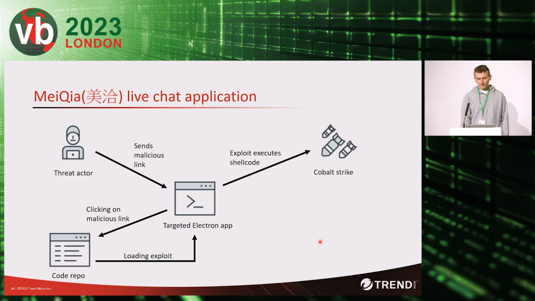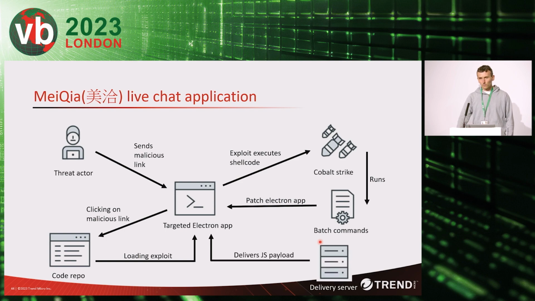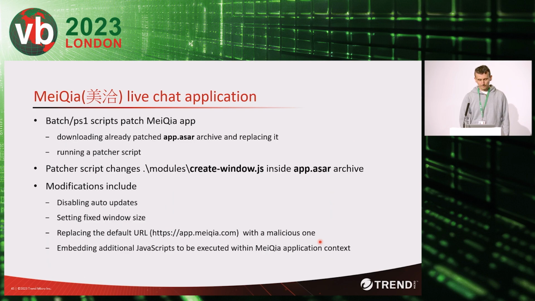The exploit is executed and runs the shell code. The shell code is Cobalt Strike, which then runs several different batch commands. Some of these batch commands or PowerShell commands can patch the Electron application, and the patched Electron application later downloads additional JavaScript payloads and runs them.